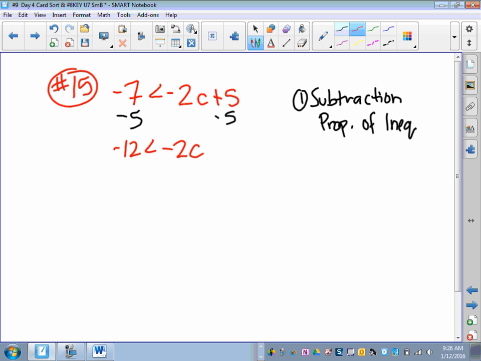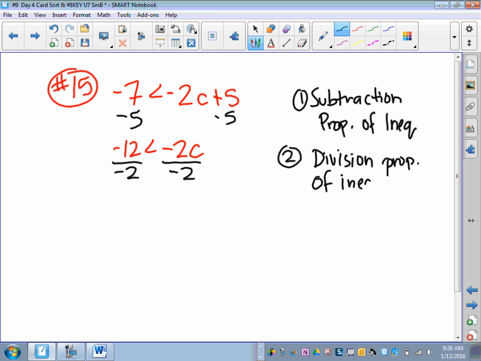Alright, now what would be my next step? Good, divide by -2. And what did I just do? I divided. So this is our division property of inequality.